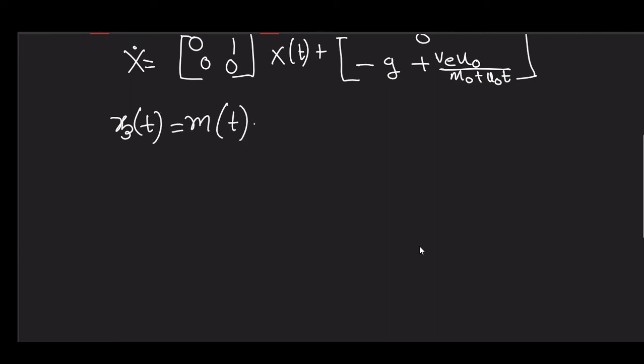This one was somewhat linear, but it will become pretty nonlinear once you introduce this third state, with x1 dot and x2 dot.